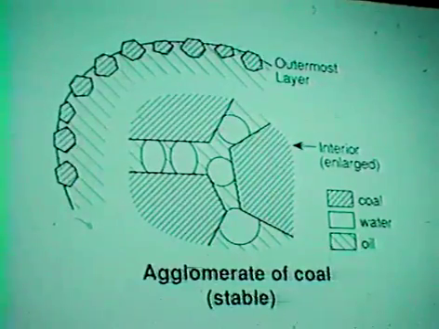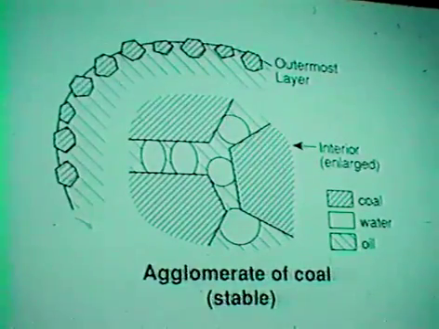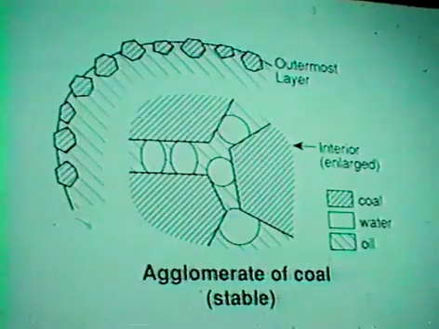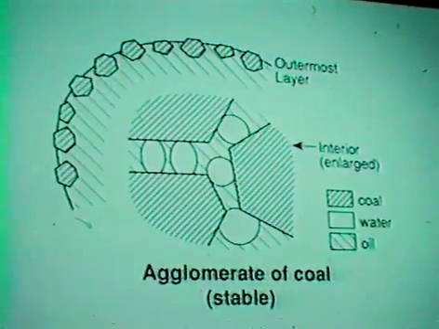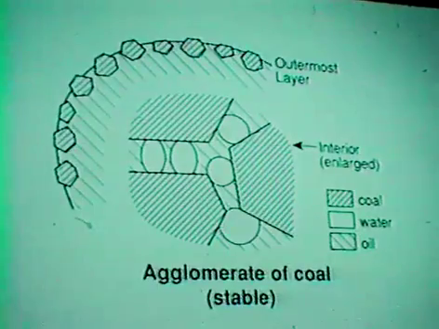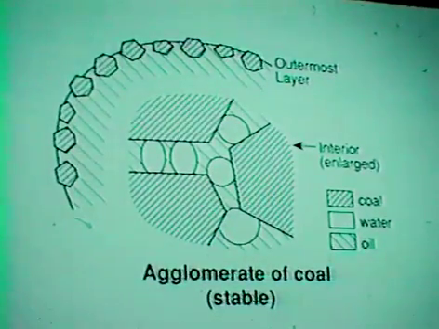The outside has the oil-water interface stabilized by the coal particles sitting in the interface. And coal does this because it is hydrophobic. The water contact angle is something like 130, 140 degrees as measured through the water.